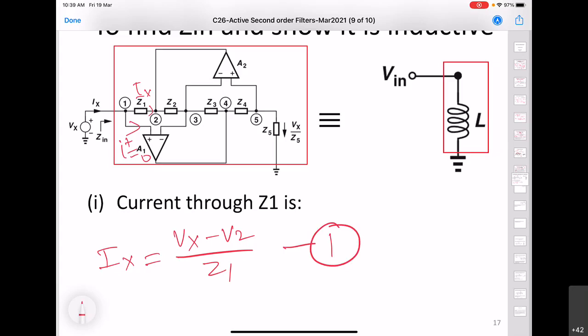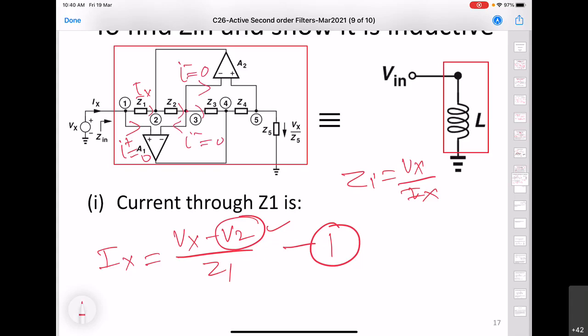Now we have to find the equation for V2, because the unknown quantity here is V2, and to find Z in we basically need to find Vx by Ix. So we have to set up an equation for V2. For that we write the equation for current through Z2 and Z3, because although at node 3 there are 4 paths, the current into the op amp is 0.